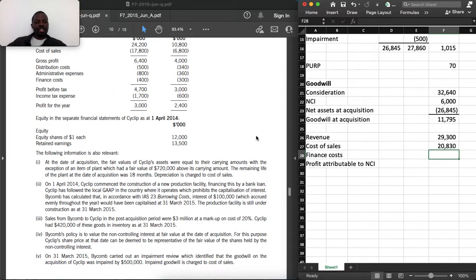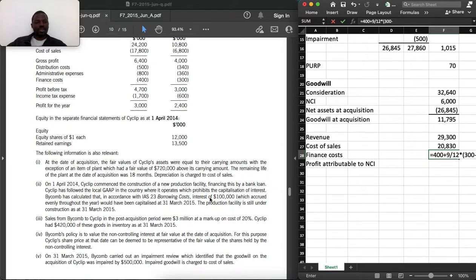Then the finance cost now, we will simply take 400 of the parent, we add 9/12 of the subsidiary. The subsidiary finance cost is 300. But this 300 includes the 100 that we capitalized.